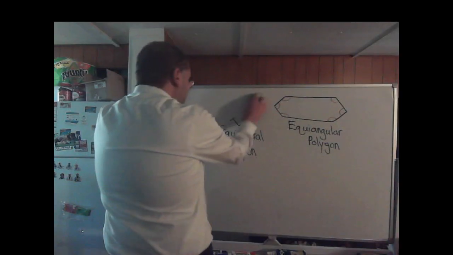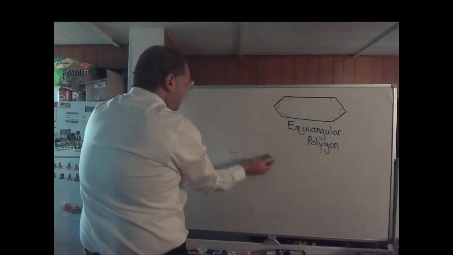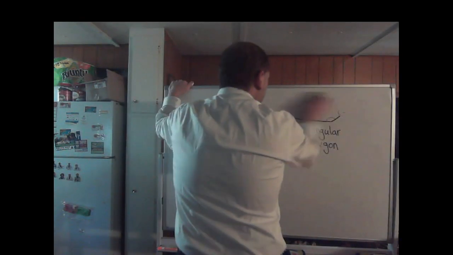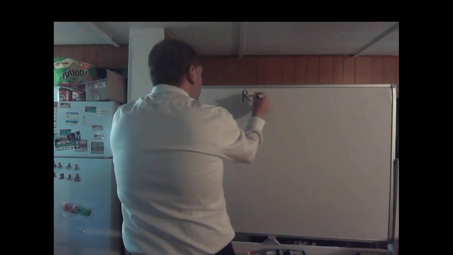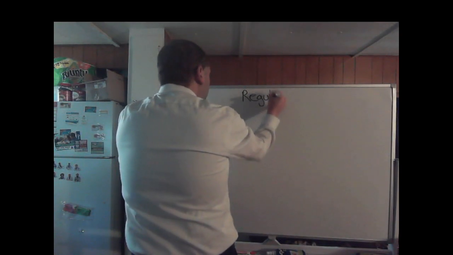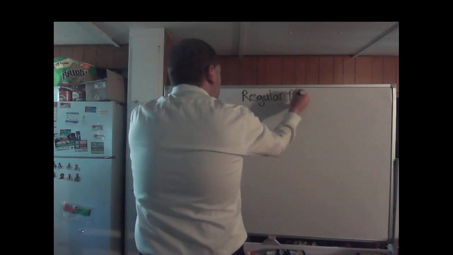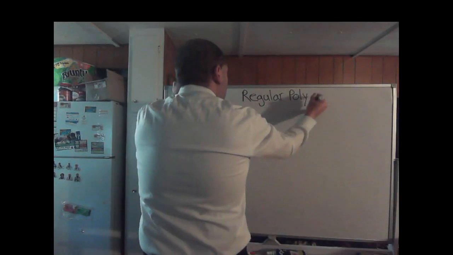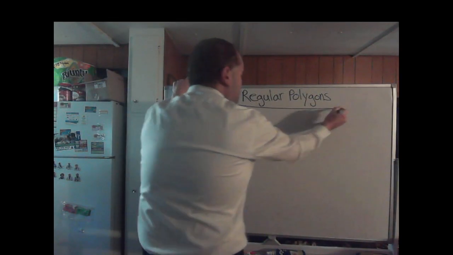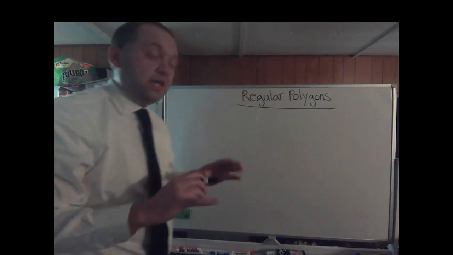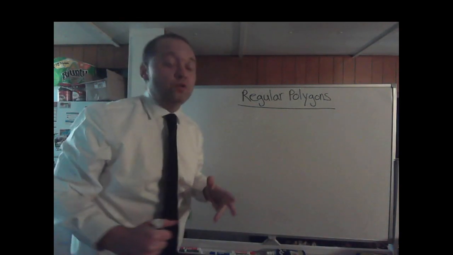Well, good news is there is such a thing as polygons that have both qualifications. Those are called regular polygons. Regular polygons are such that they are both equiangular and equilateral.